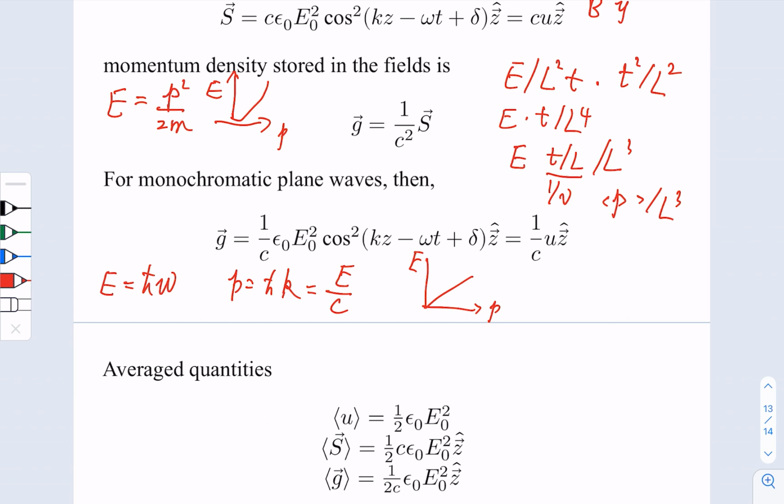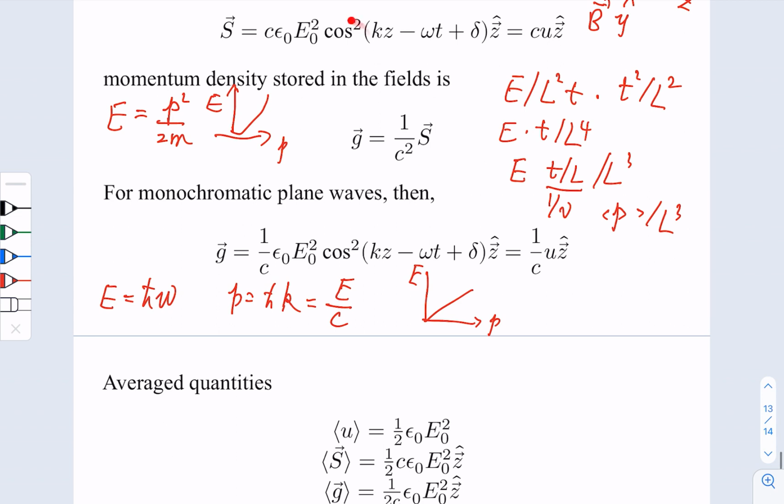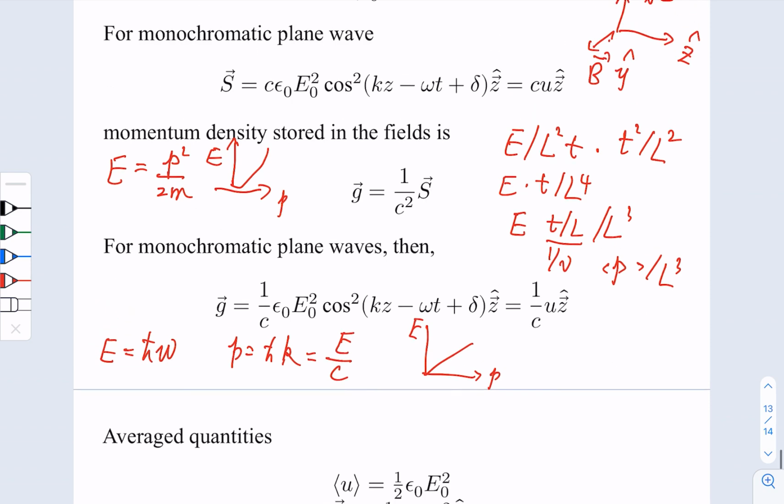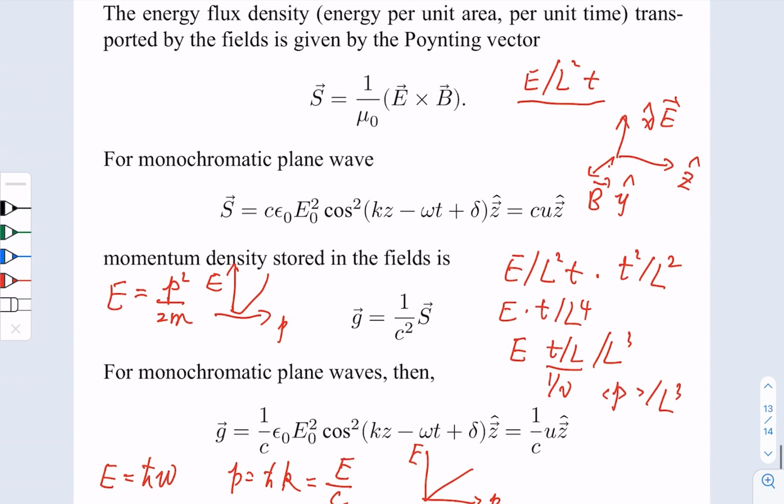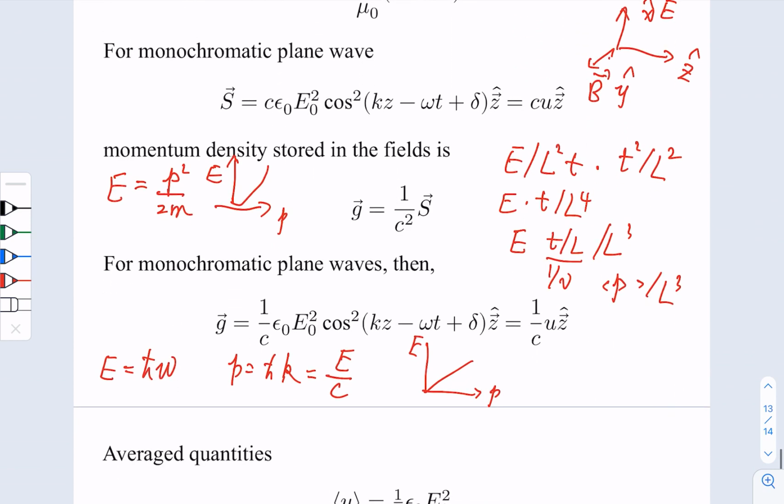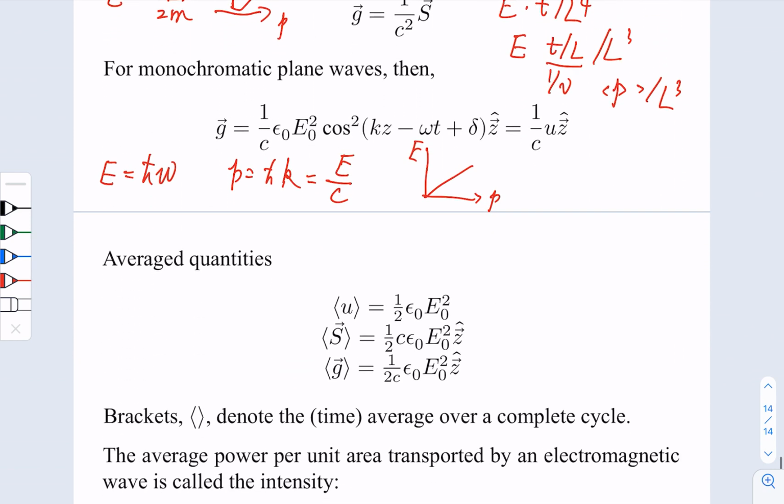That can be done by integrating the wave function over one period of time. If we integrate the cosine squared function over one period, that gives us simply 1/2. So we can do the calculations straightforwardly for all of the quantities by replacing the cosine squared by 1/2, and that gives us the plane wave solution, the simple solution like this here.